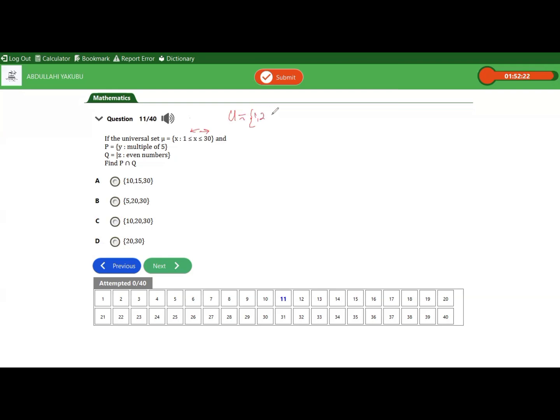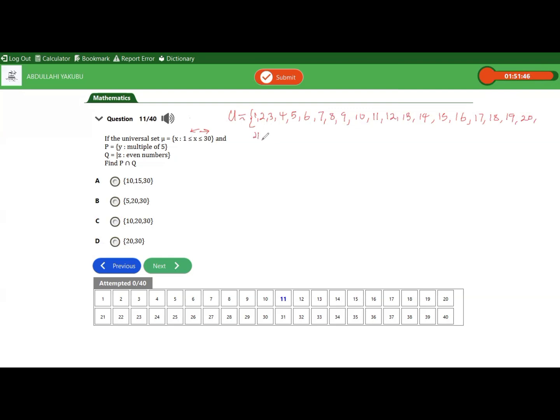The elements in the universal set: 1, 2, 3, 4, 5, 6, 7, 8, 9, 10. I need to list all the elements. 11, 12, 13, 14, 15, 16, 17, 18, 19, 20.